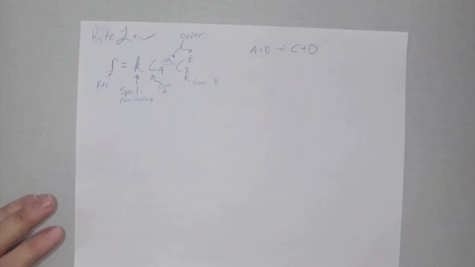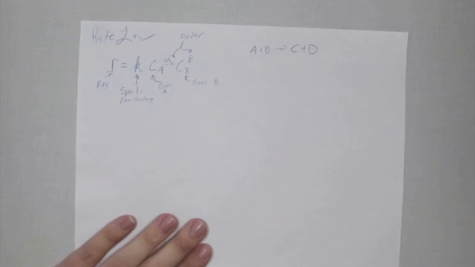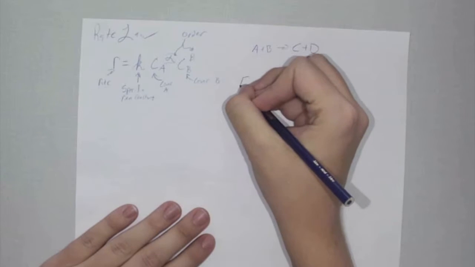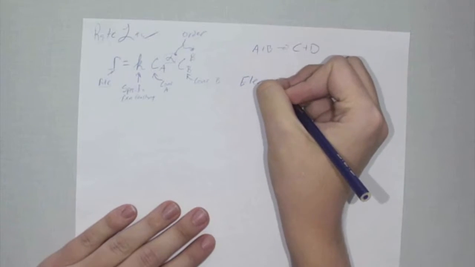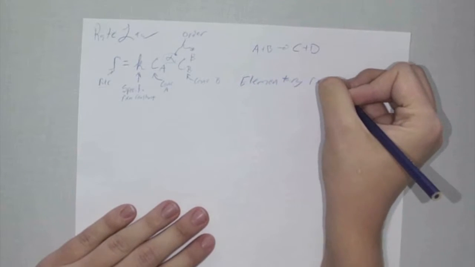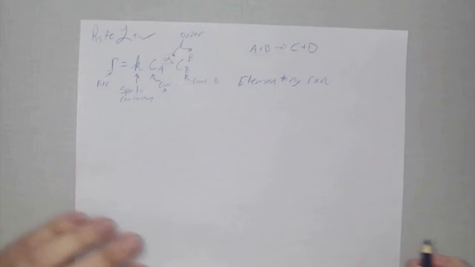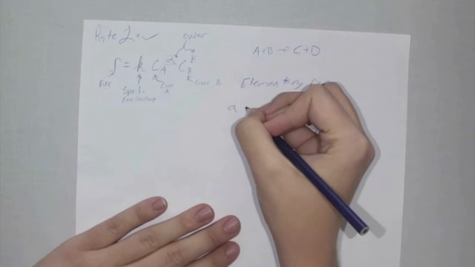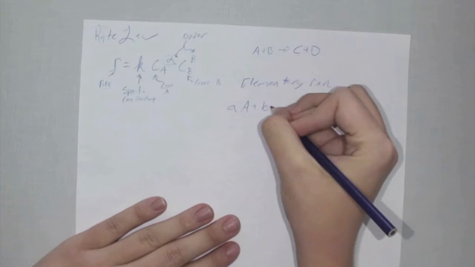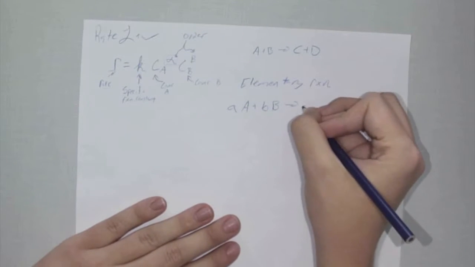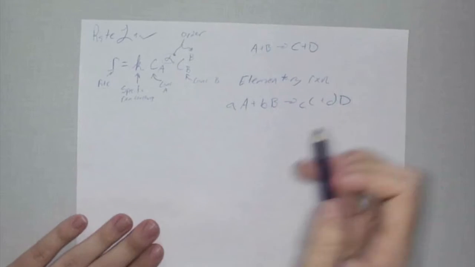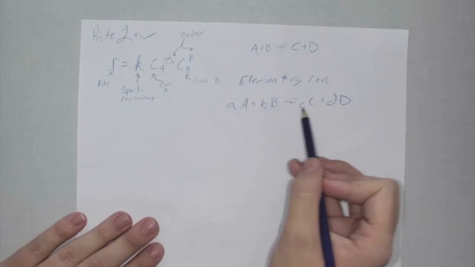But there's one more way we can often find these orders, and that is if our reaction is known as an elementary reaction. So what is an elementary reaction? There's a ton of requirements out there that you guys can go find on your own time, but essentially an elementary reaction means we can take the stoichiometric coefficients and make those our order. So in this reaction, that's the same reaction we've been looking at.